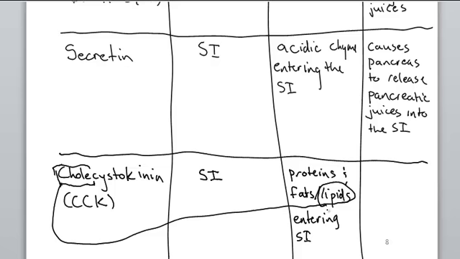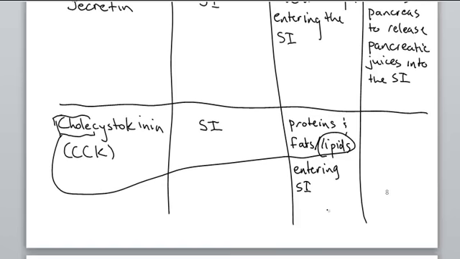And it does several things. First, it helps decrease gastric churning.